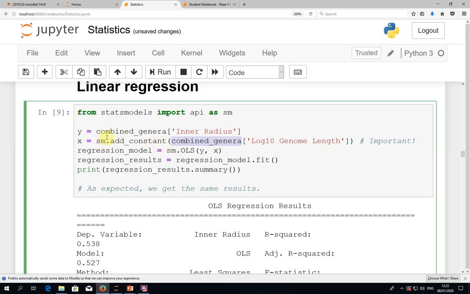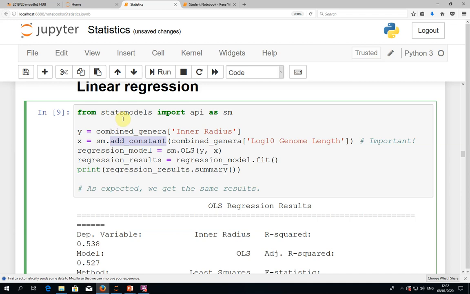But notice that we also use the add_constant function here, which is very important. Don't forget to use it. If you don't use the add constant, it will force a line that goes through the origin of the axis. So it will not have what is called the intercept. So a linear regression model is typically y equals a times x plus b.